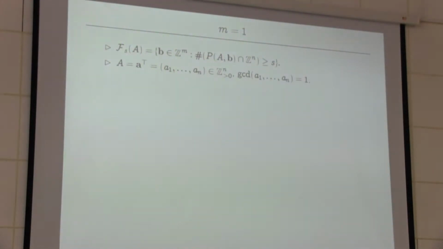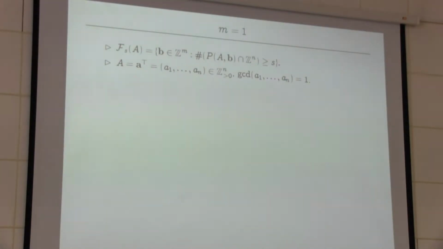All right. So now we'll focus on an important special case, m equals 1. So this means that our matrix A is just one row vector with integer coordinates, and the first regularity assumption implies that all coordinates are strictly positive.